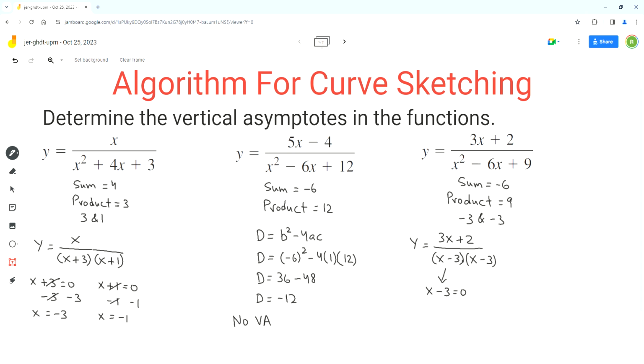And now we can isolate x. So we get x equals 3. So this rational function has just one vertical asymptote.